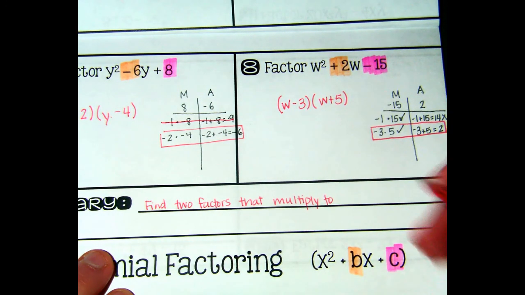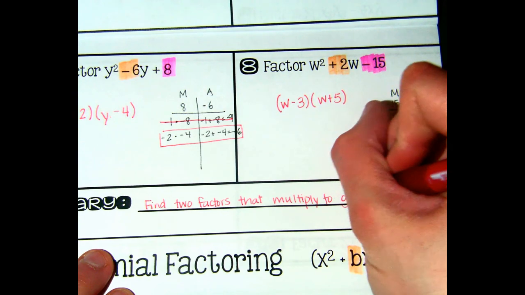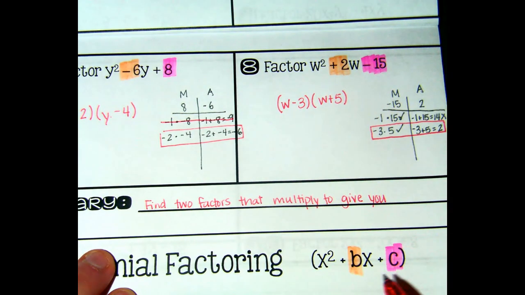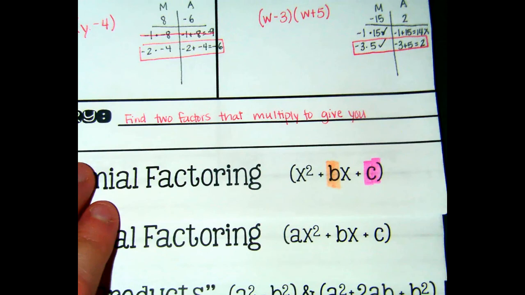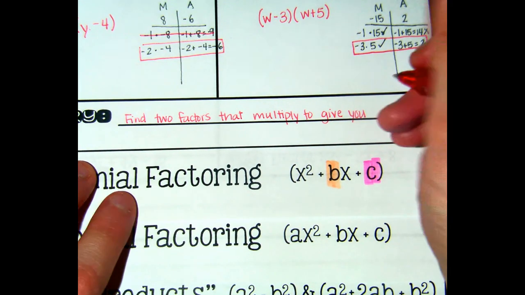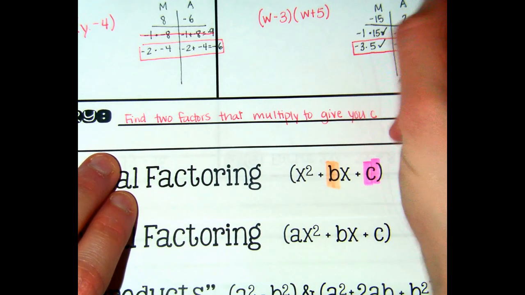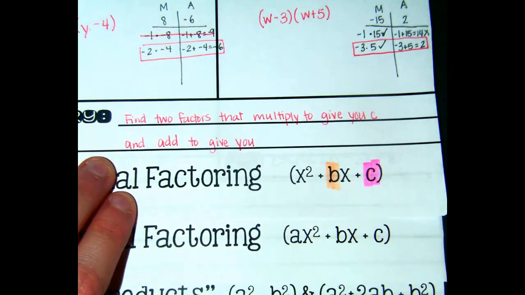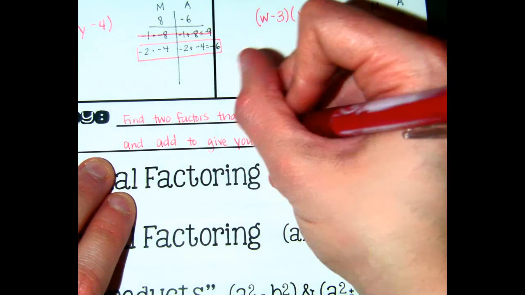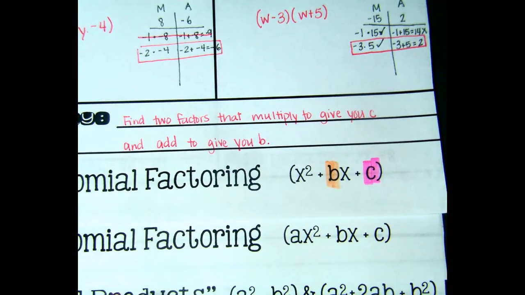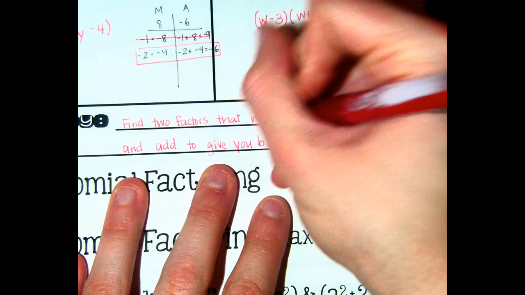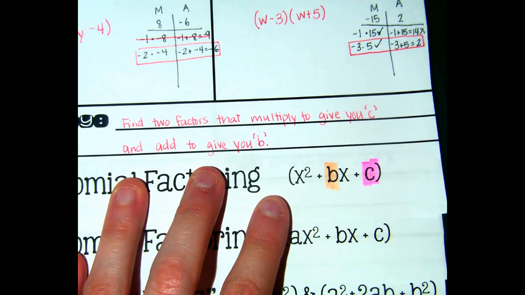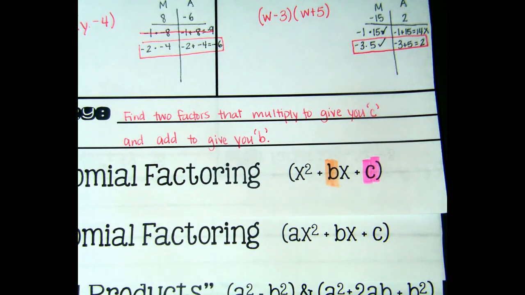Which of these, B or C? C. And add to give you what? B. What we did. I'm putting little quotes around C and B so we see they're not variables, but they'll stand in for variables.